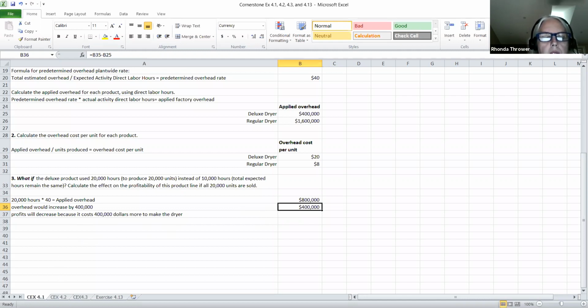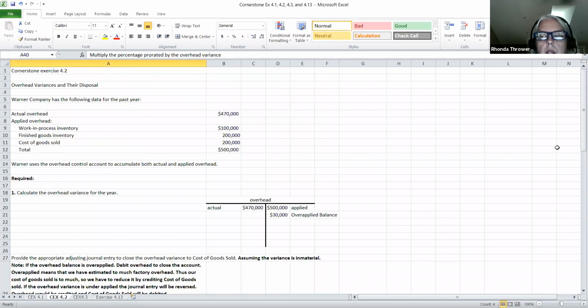I'm going to move to the second problem for today, which is cornerstone exercise 4.2. In this exercise, what we're going to show is the next step after we have calculated the plant-wide amount of the factory overhead that we had applied.